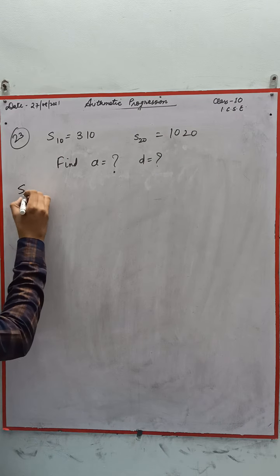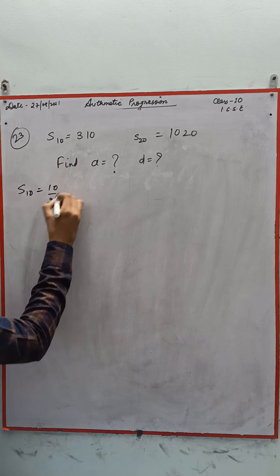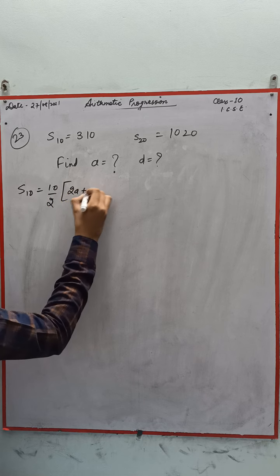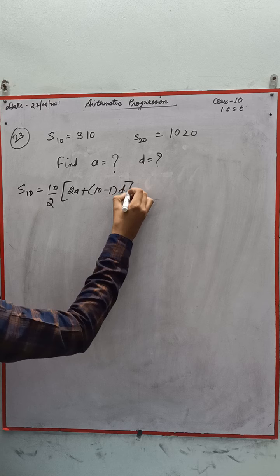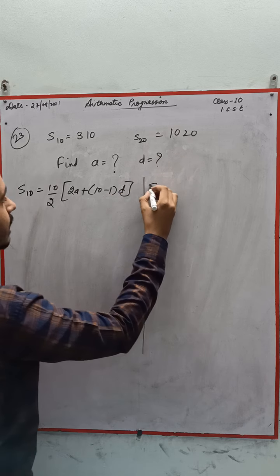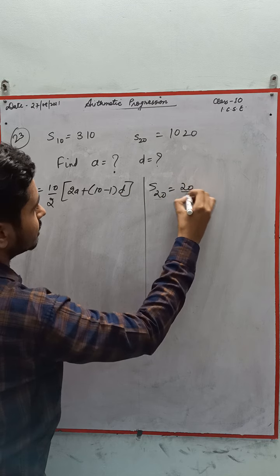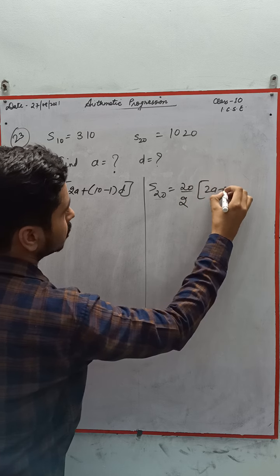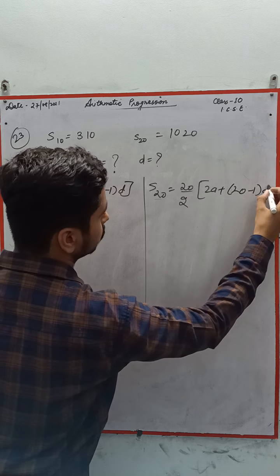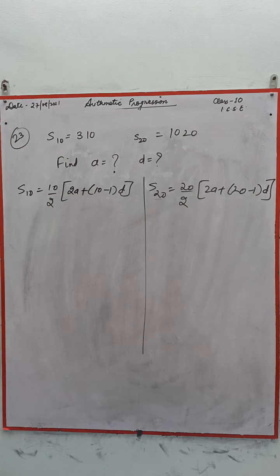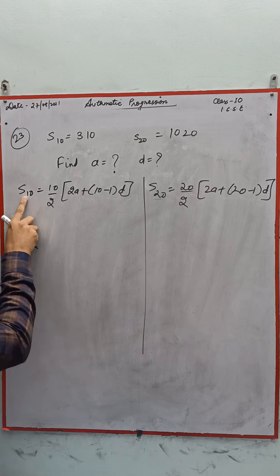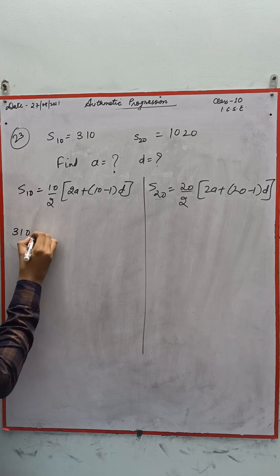So S10 will be 10 upon 2 bracket 2a plus 10 minus 1 into d. And on the other hand, S20 can be written as 20 by 2 bracket 2a plus 20 minus 1 into d. Isn't it?